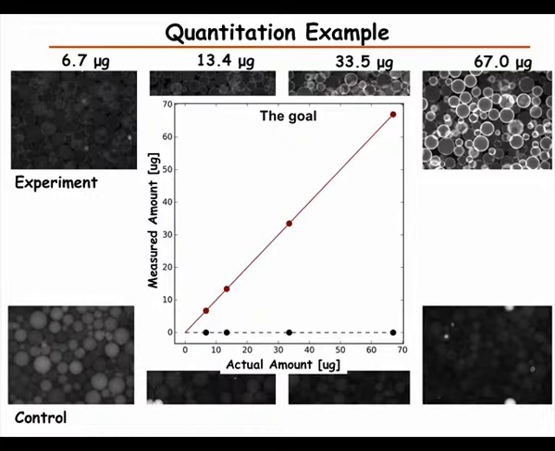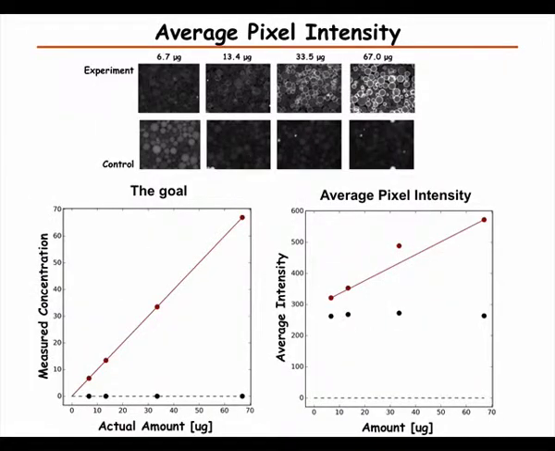The first thing we can do is simply take the average pixel intensity in the image, a very straightforward and simple thing to do. What we see is that we get a high background first of all, so the control measurements are up here instead of down at 0.